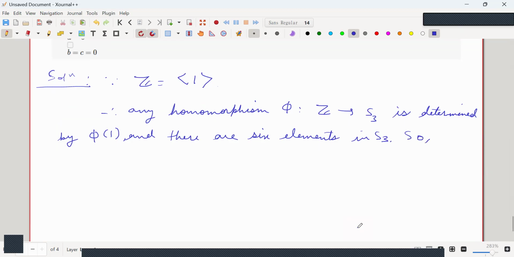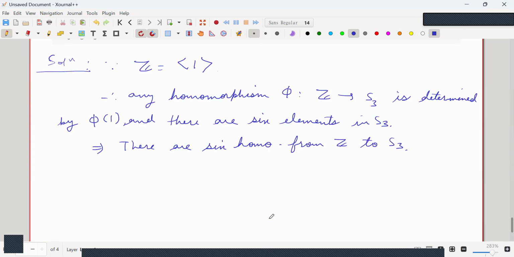So this implies there are six homomorphisms from Z to S3. Okay. Now what about the 1-1 homomorphisms?